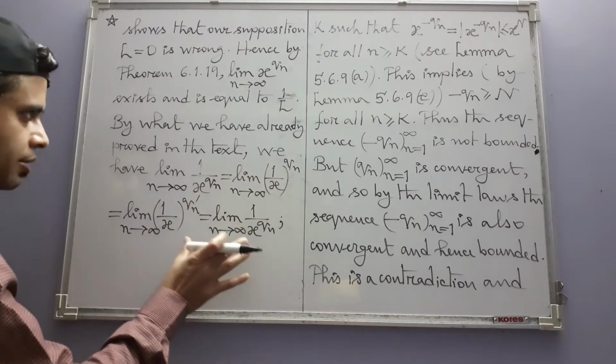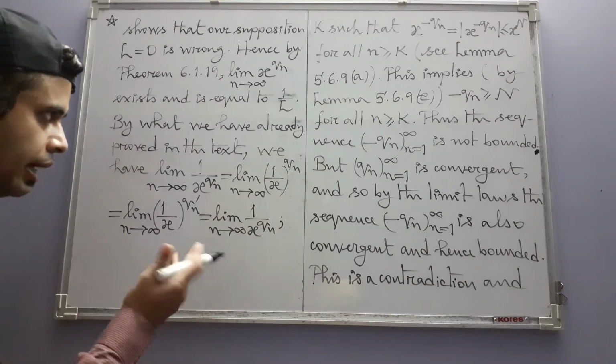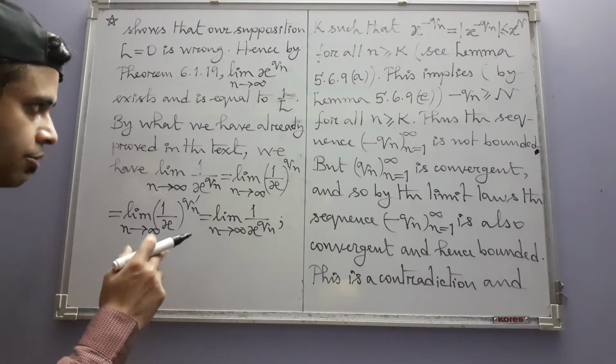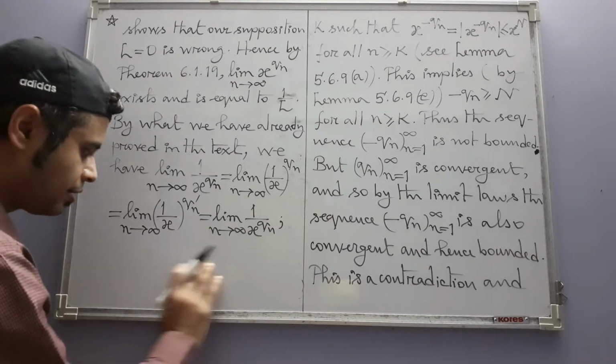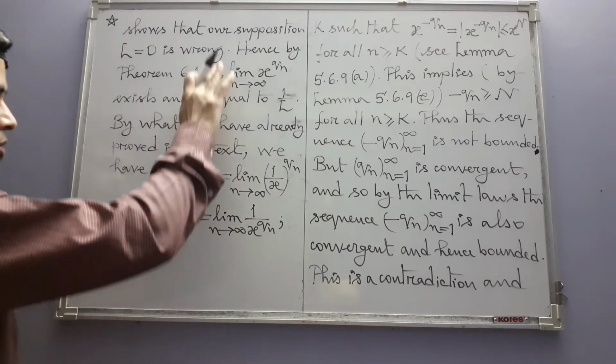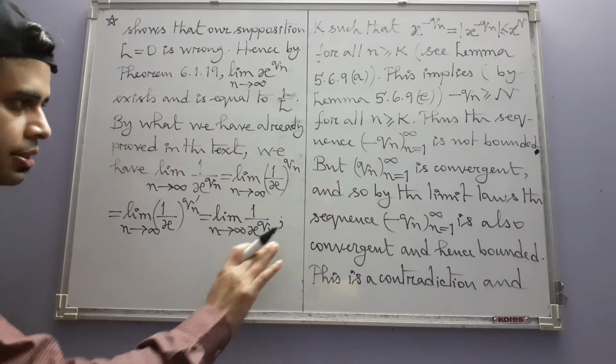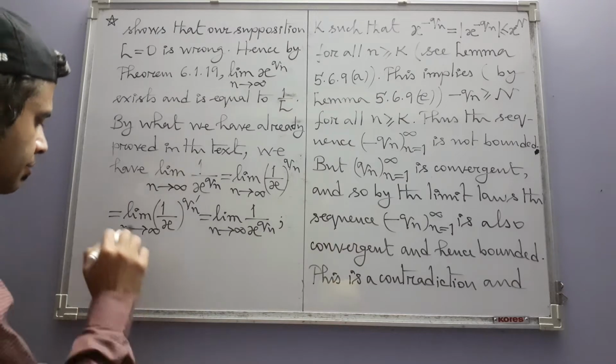And this common limit, which we know is L, is non-zero. From that part onwards, we need what we have proved here. Non-zeroness of L has been proved here.